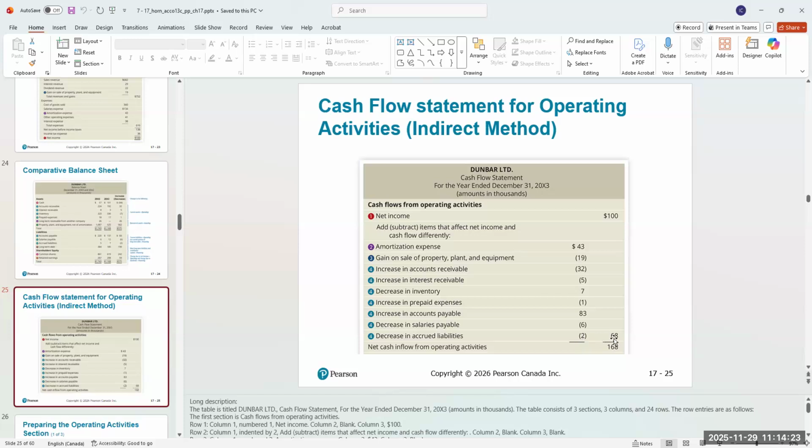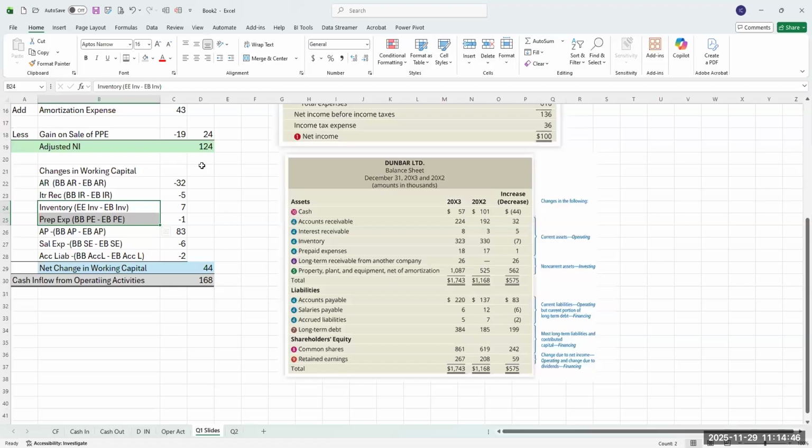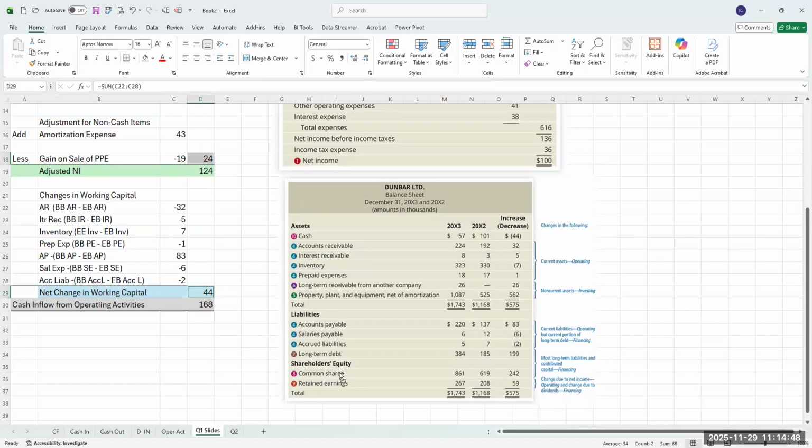So the net effect is $68 combined between the adjustments for non-cash items and changes in the working capital. Total is 68. Let's see if that's true in our calculation. In our calculation, we have 24 adjustment plus 44.